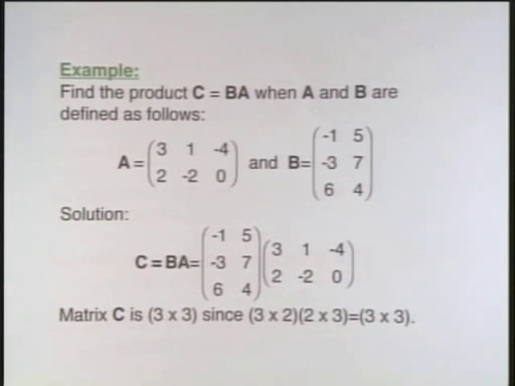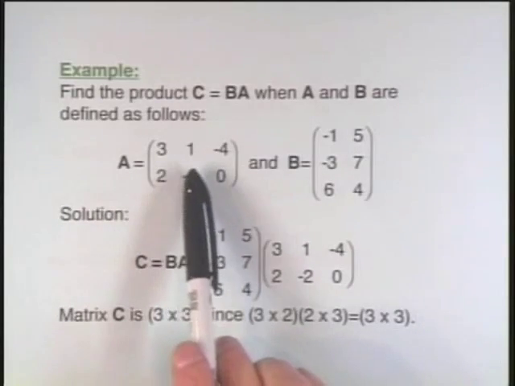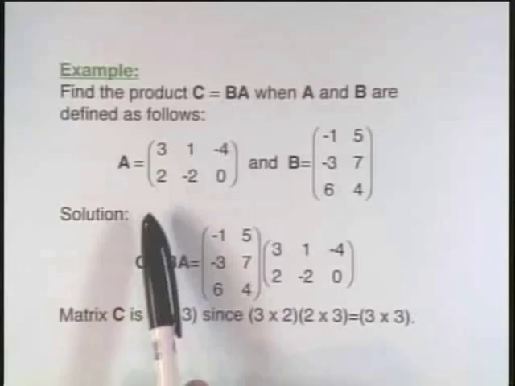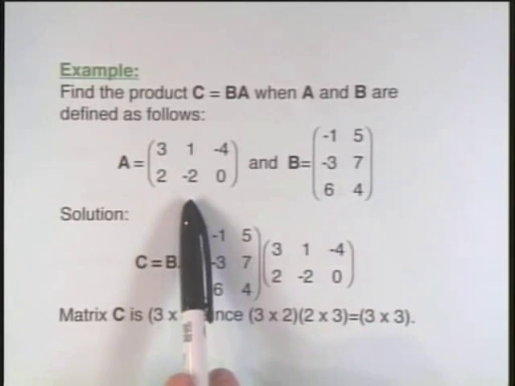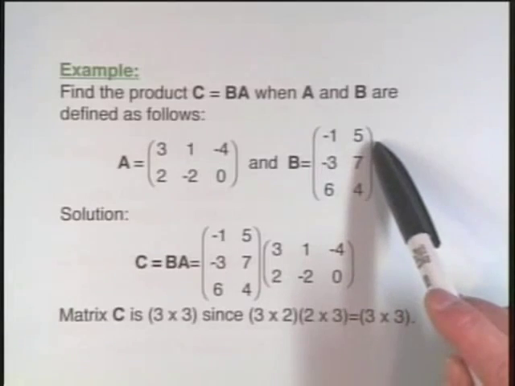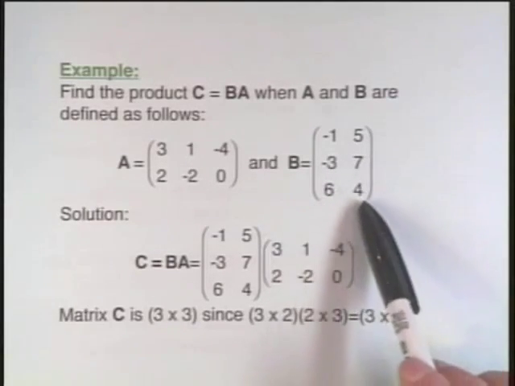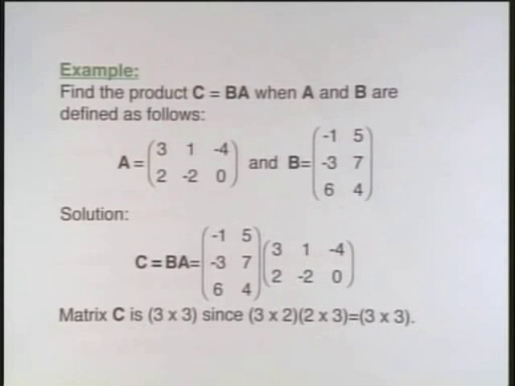Example. Find the product C equals B times A when A and B are defined by A is equal to, in row 1, 3, 1, negative 4, and in row 2, 2, negative 2, 0. B is defined by negative 1, 5 in row 1, negative 3, 7 in row 2, 6 and 4 in row 3. First, let's put the matrices side by side in the order they will be multiplied.